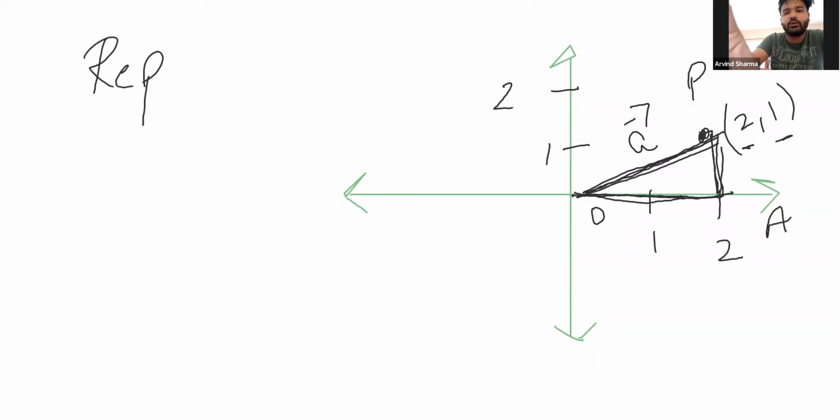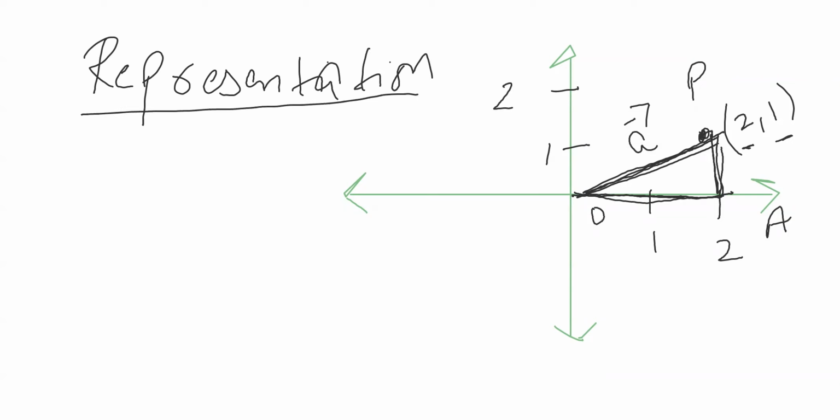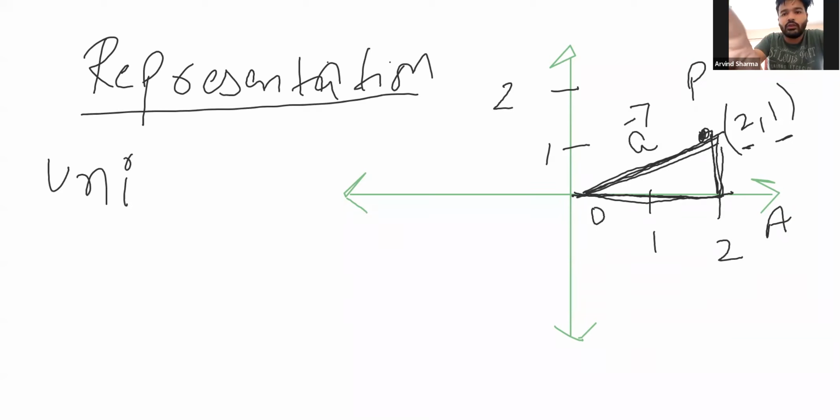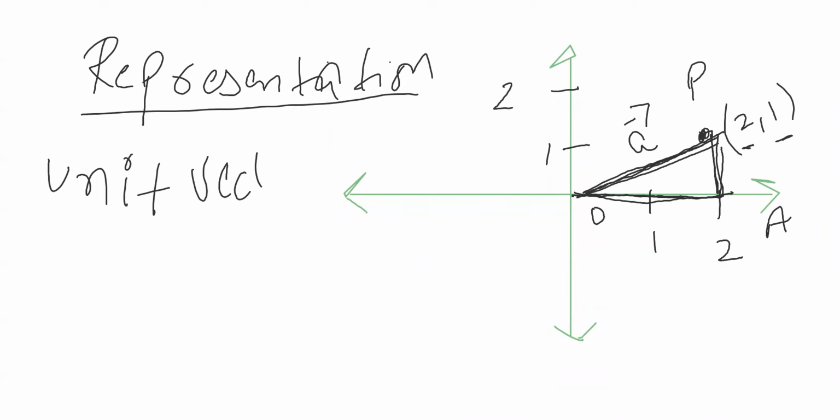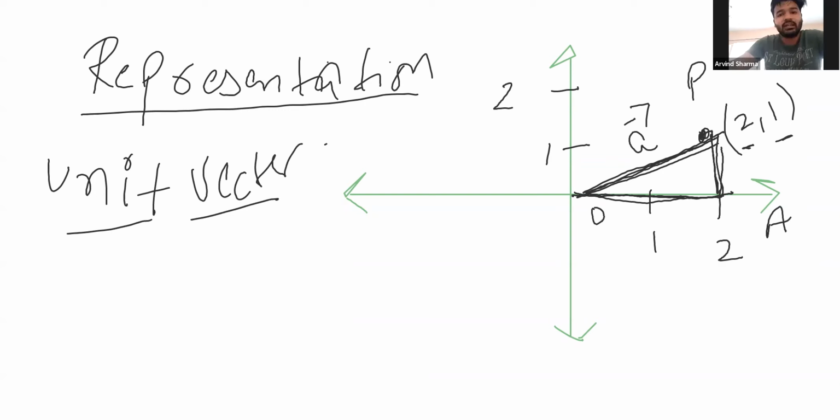Now the thing is the representation of a vector, how we represent a vector mathematically. First of all, to understand the representation, we must know about the unit vector. What is a unit vector? A vector which has magnitude 1 is called a unit vector.